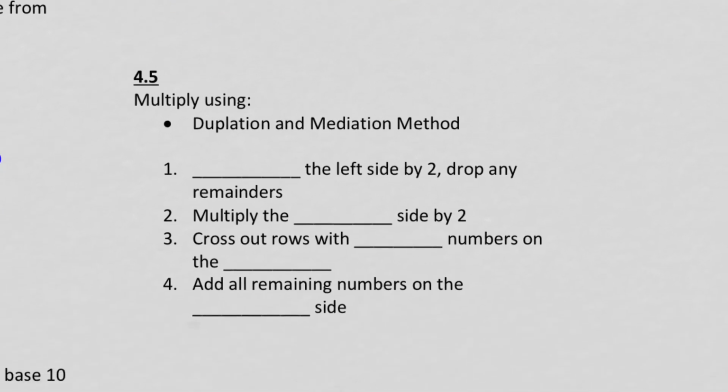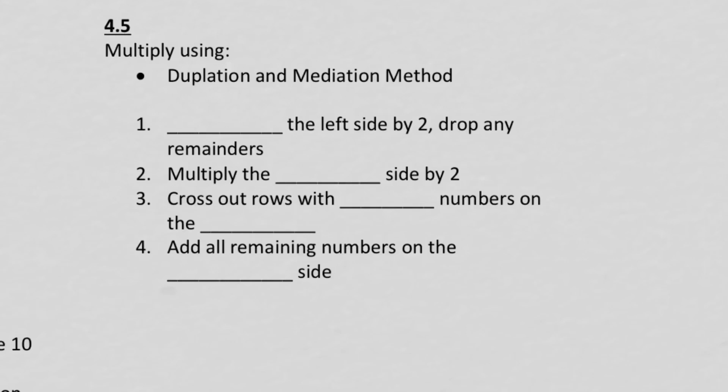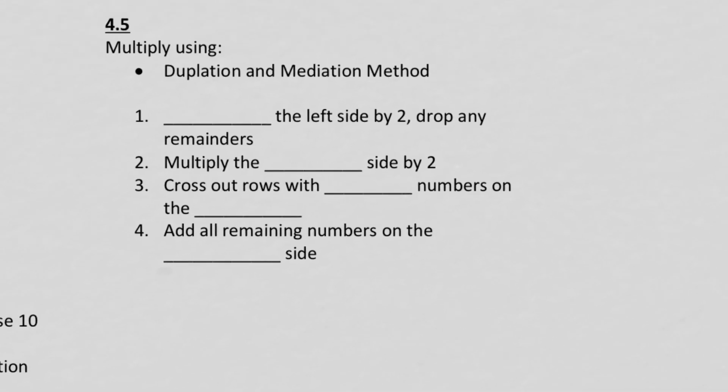Now we're going to do 4.5 as we wrap up chapter 4. You're going to multiply using an interesting concept, duplation and mediation. Remember that duplation means to multiply by 2 and mediation means to divide by 2, but actually you do the dividing first.